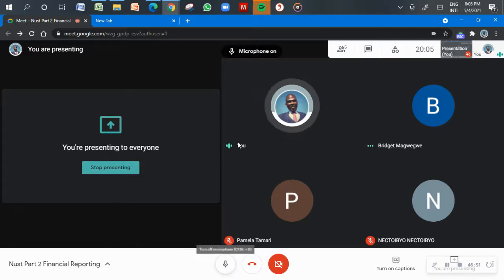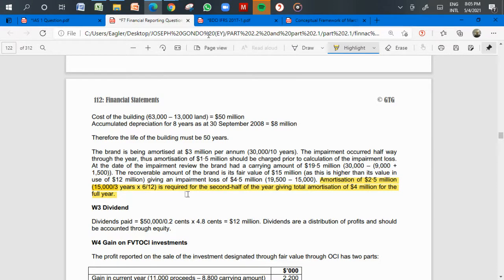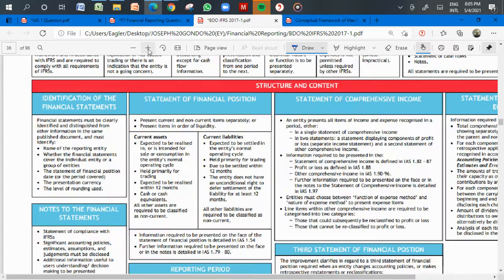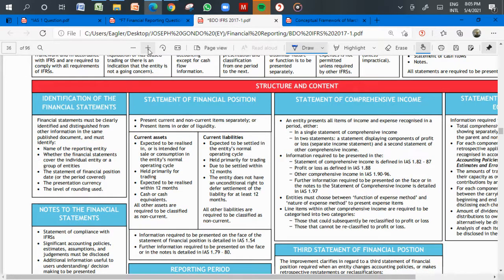Okay, so a current asset, this is the correct definition. If you are required to define a current asset, you say current assets are assets that are, number one, expected to be realized in, or intended for sale or consumption in, the entity's normal operating cycle. Number two, held primarily for trading. Number three, expected to be realized within 12 months. Number four, cash and cash equivalents.